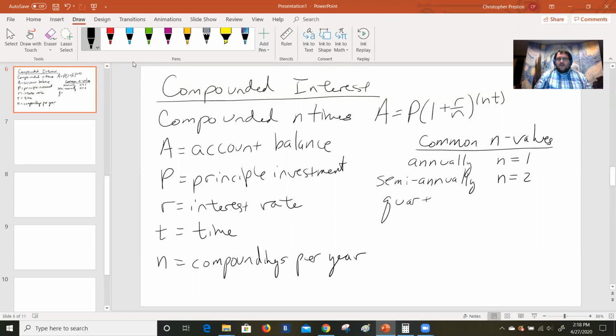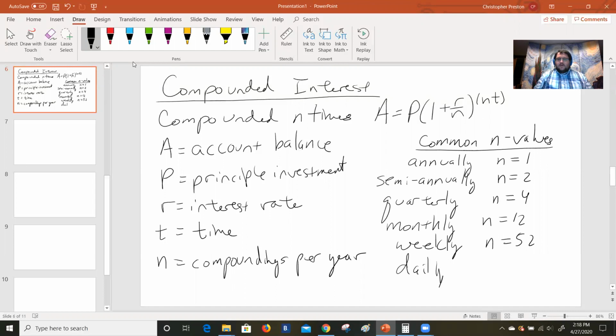Quarterly, n equals 4. Monthly, n equals 12. Weekly, n equals 52. And daily, n equals 365. Again, we're not going to worry about leap days and all of that. This is just the numbers we're going to use when we use those particular phrases.